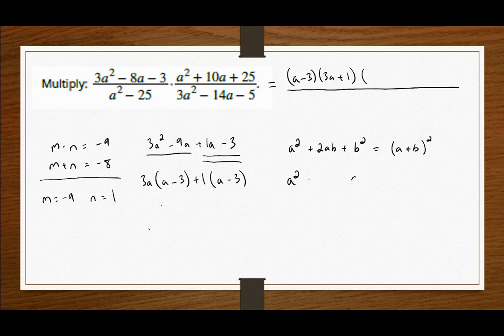So obviously the first term is a squared. Instead of 10a, we could also write this as 2 times a times 5. And then lastly, b squared. Instead of 25, we could write it as 5 squared. So it does actually match our format here, which means our particular expression is going to multiply together, or rather factor, to be a plus 5 squared.